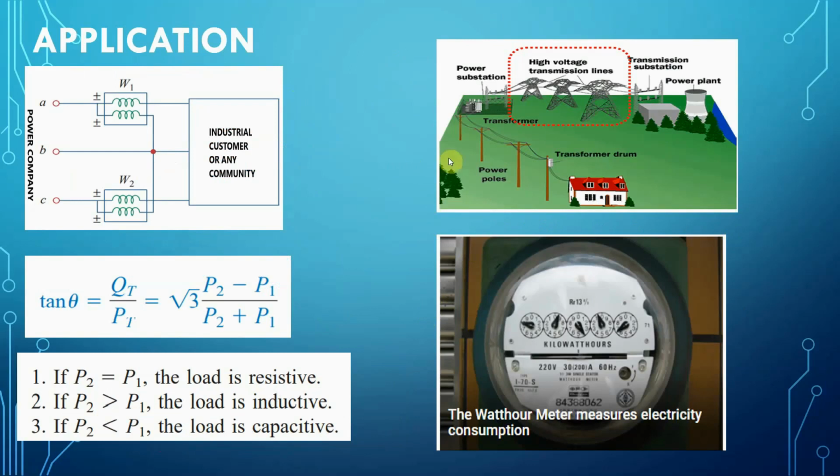Now, an application, of course: the power generated from the power plant is transmitted through the transmission line and goes to the customer. The wattmeter, called a kilowatt-hour meter, is installed at the customer, and also at the power plant station, where they want to measure the total power they generate and transmit to the customer.